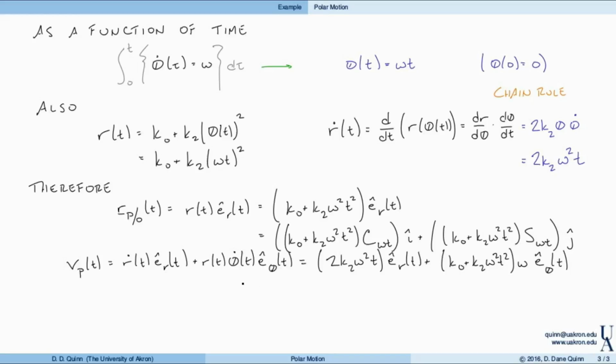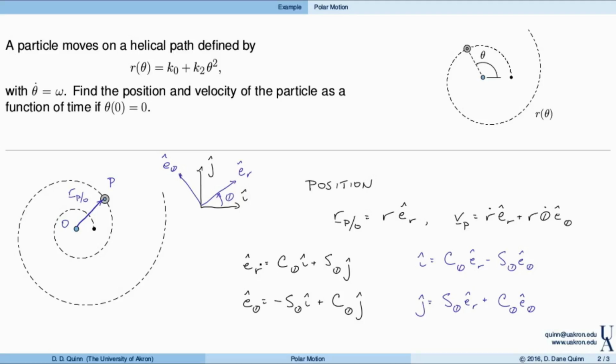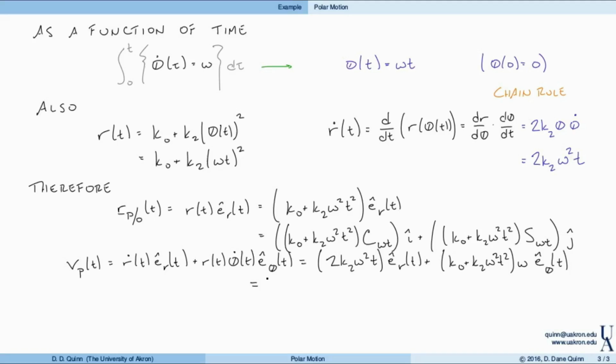And so finally, writing this in terms of I and j, we have a component in the I direction from ER, and we have a component in the I direction from the e theta direction. In the ER direction, that component is cosine theta I. E theta gives us minus sine theta I. So putting everything together, we have 2k2 omega squared t, and then cosine omega t.